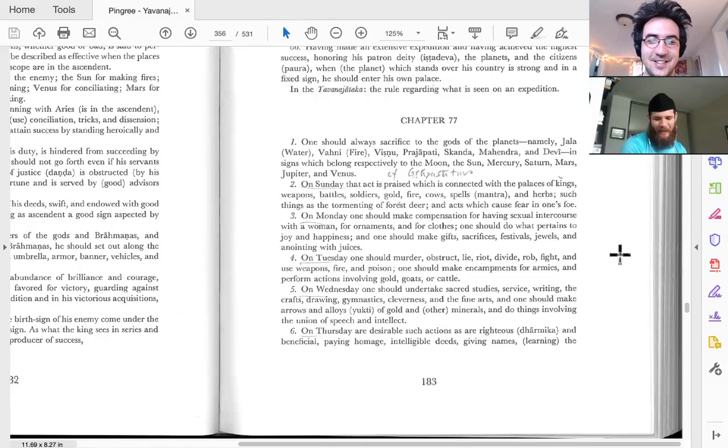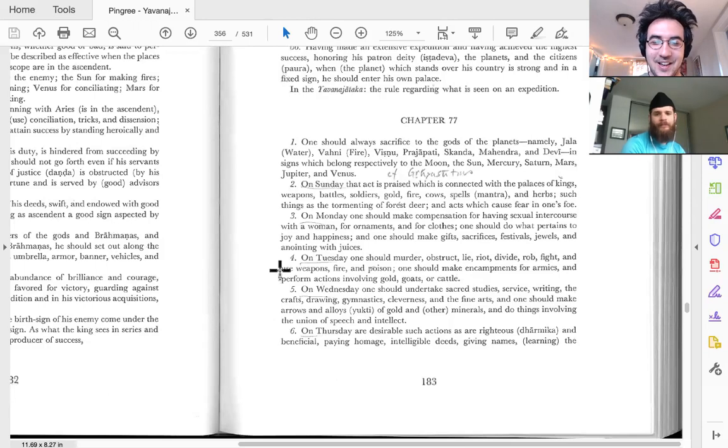Chapter 77, what we have here is basically the actions to be taken each day, and he puts some deities in, and he puts some emphasis on benefics in relation to benefic action, which is quite interesting. He even talks about if you want to do these horrible things, this is how to do them and be successful.